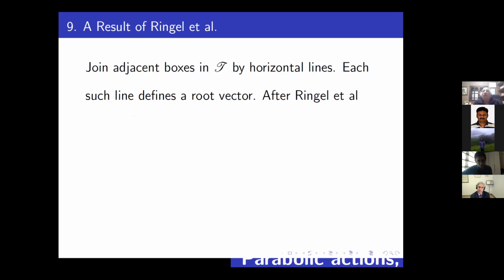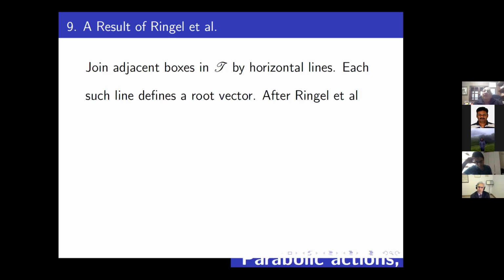And you see each horizontal line goes from a box with a label I to a box with a label J. Remember, we've labeled the boxes, and now we draw a line, so we join I to J, and that defines a root vector Xij, and it's an important but relatively easy fact that Xij is in the nil radical. That's because of the way we've labeled M, and in fact this is true not only for horizontal lines, but all lines which go from left to right, from one column to a different column.